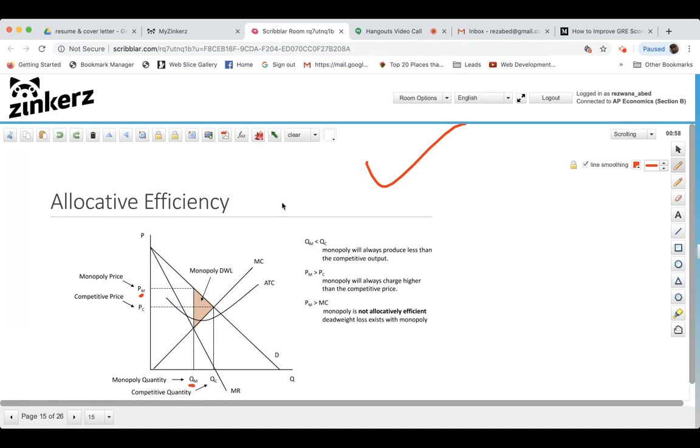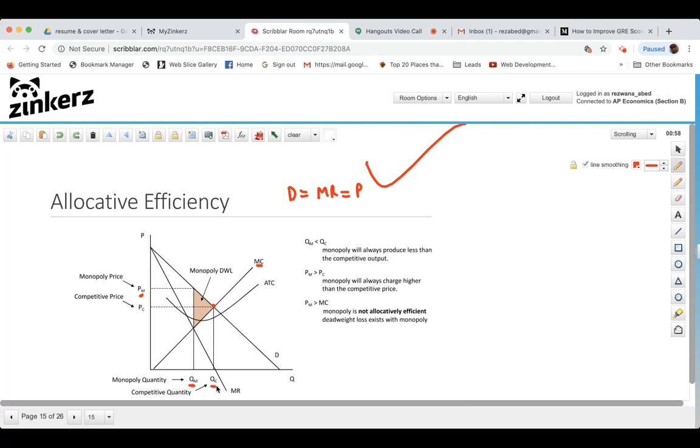And now if you remember what perfect competition looked like, they had D is equal to MR, which is also equal to P. So where the intersection of marginal cost and marginal revenue happens is over here. So this is how much perfectly competitive firms are going to produce.